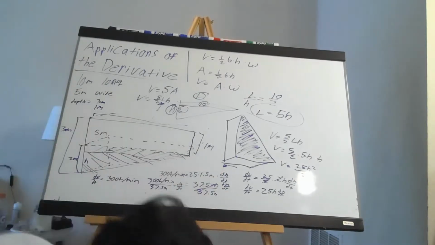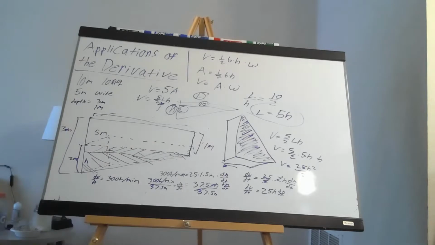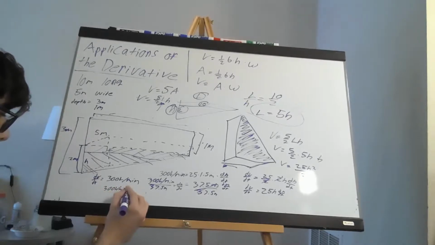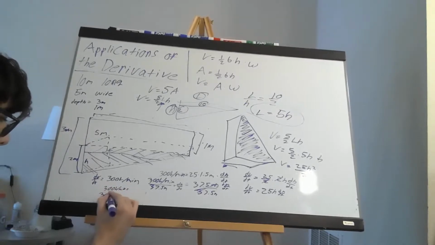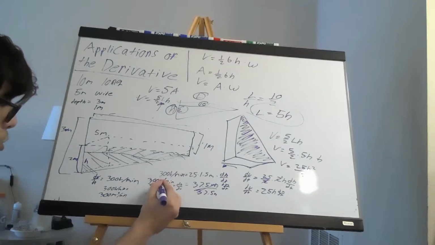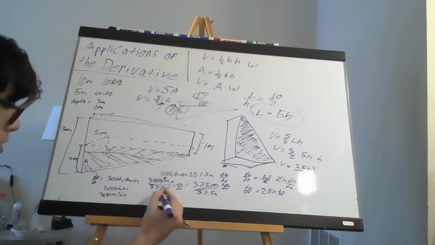So now that we're here, let's do some unit conversion canceling, because I don't know this meter to liter conversion off the top of my head. So 300 liters per minute is equal to 300 meters cubed per minute. So this right here, we can change this m to a meters cubed. That cancels there.